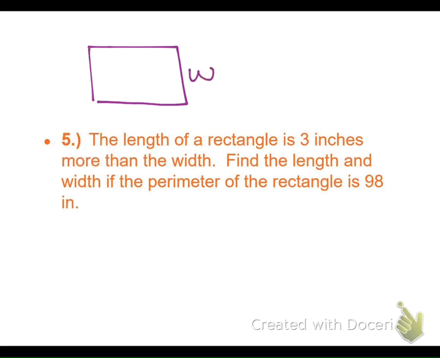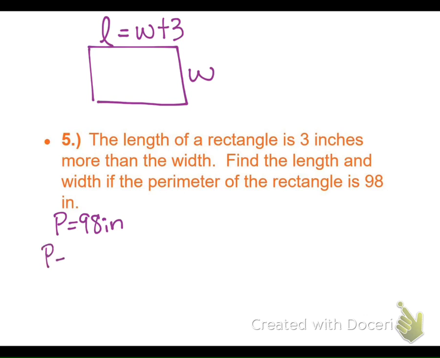So if we're again looking at our length and width, the length is 3 inches more than the width. More than means we are adding 3 onto it. Find the length and width if the perimeter of the rectangle is 98 inches. So perimeter is equal to 98 inches.